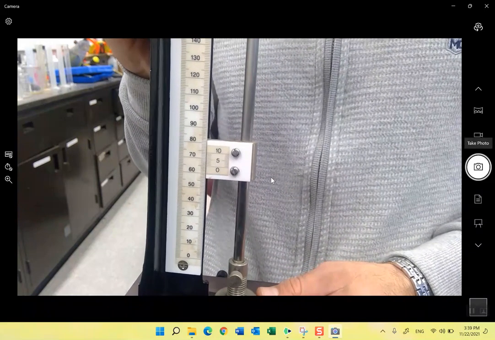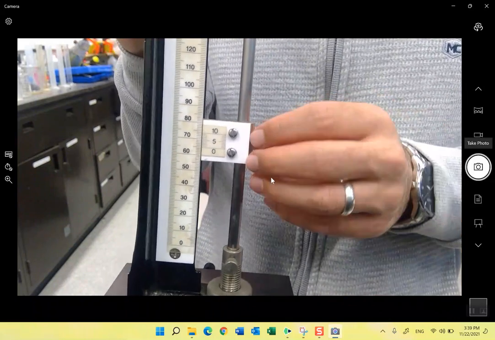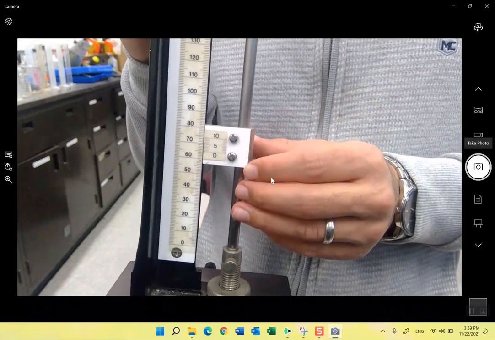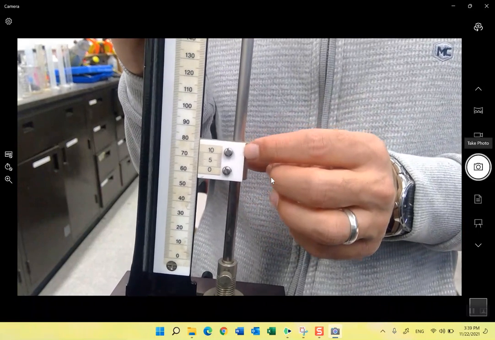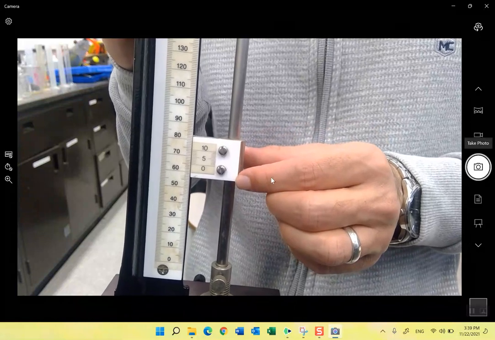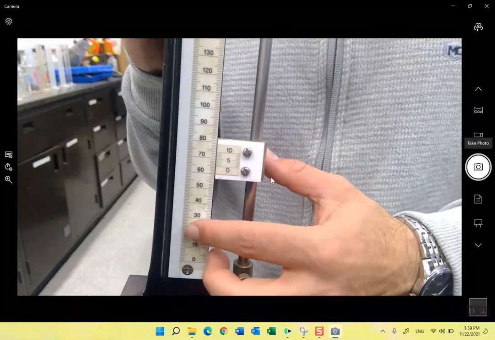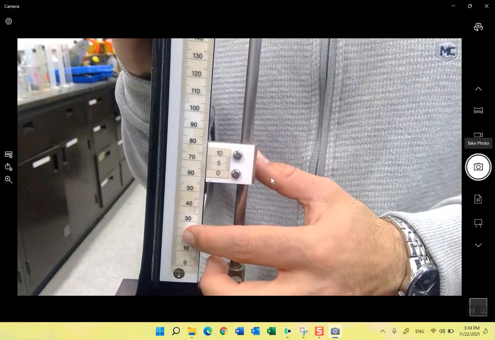But in this case, this task will be much easier because you can get the first digit by making a very simple trick. You will see which line in this small ruler will coincide with any line on this long ruler.